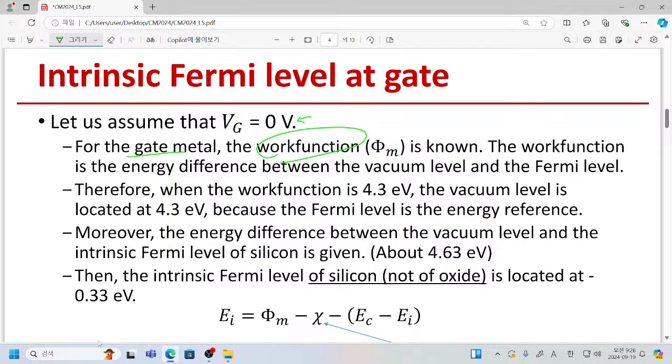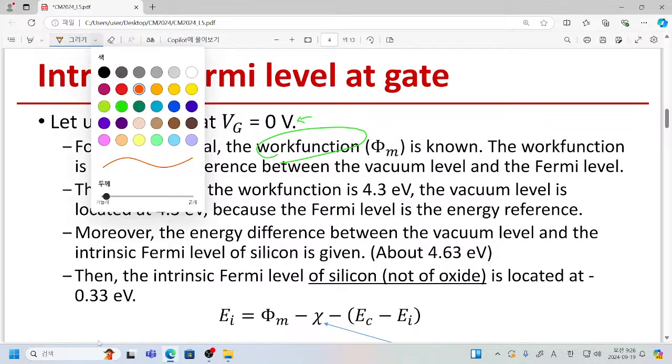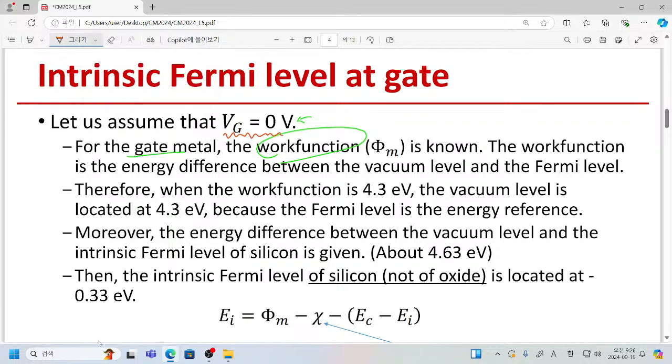The reason why I assume here Vg equal to 0 volt is that it corresponds to the Fermi level of the gate metal being now 0 electron volt.